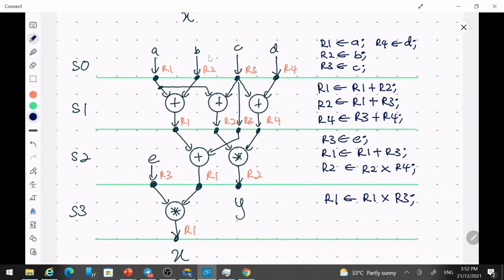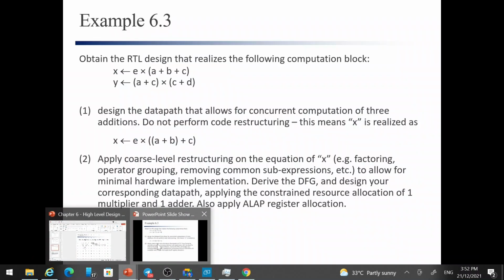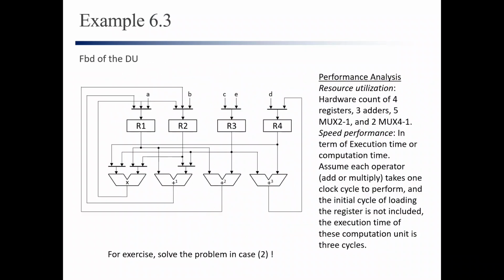And the scheduling and allocation is derived from the DFG. And the DFG is derived from the algorithm or the equation. Right? So now we have the data path circuit. Okay, so this is the same as the one that we have. So this is the data path circuit.